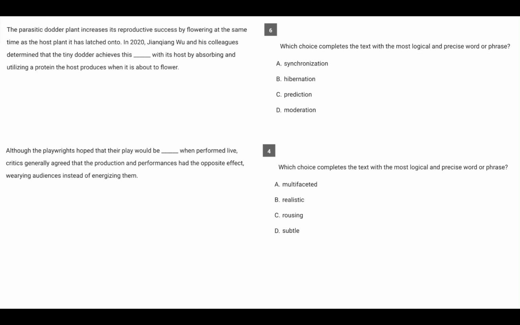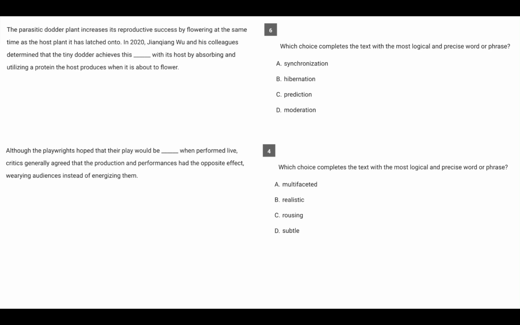Okay, so again, we are having some kind of statement. The dodder plant increases something by flowering at the same time as the host. And then we are just given further information. Wu and his colleagues determined that the tiny dodder achieves this something with its host.